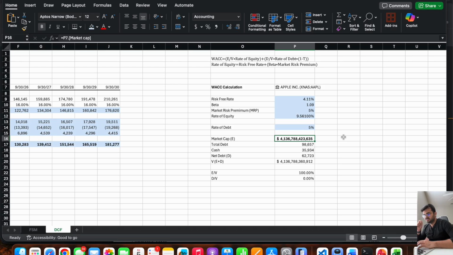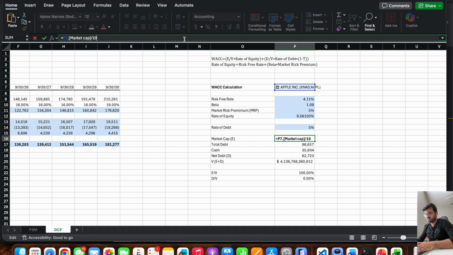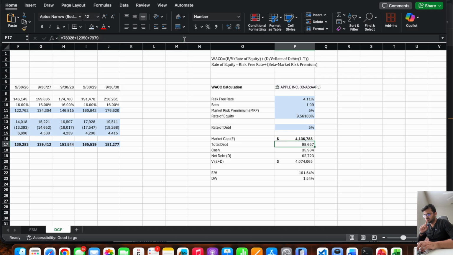So we need to make sure this number is converted. The market cap here is in trillions, and we need to convert that into millions. So for that I'll divide this number by 10 power 6, which will give me this value in $1,000,000. So now this will be the most accurate number, which we take further.